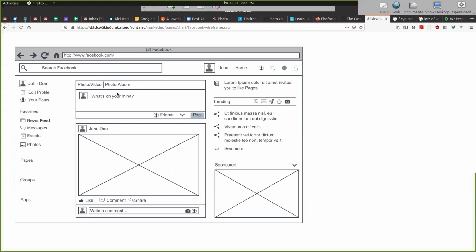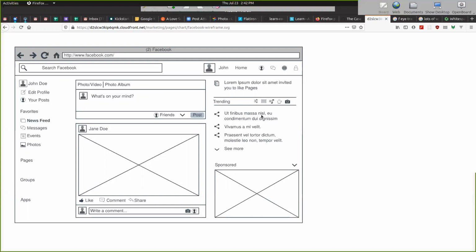If we were to reverse engineer this and make a content inventory, I'll bet posting, the tool for posting something, is probably damn near the top. Search also probably damn near the top. And then if we go to the things that are maybe less important, based on the F tracking pattern, this ad over here, probably not so important.